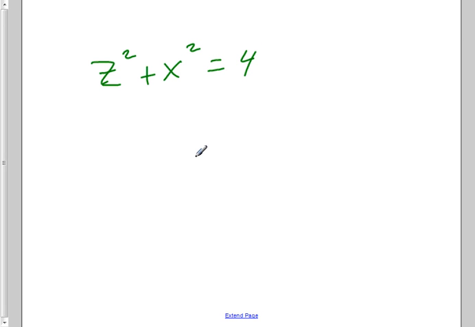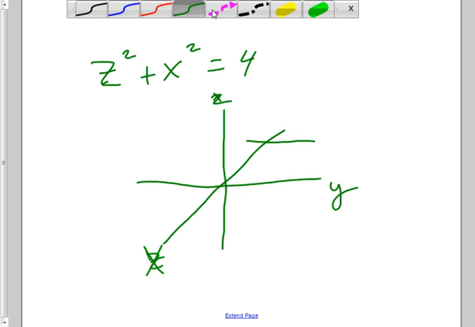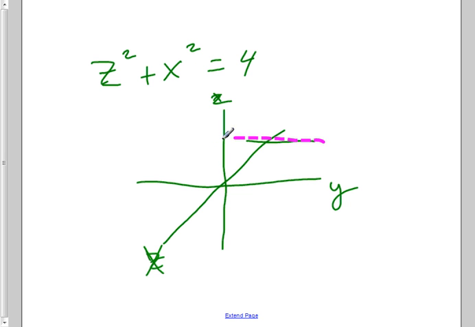So what that would look like, here's x, z, y. This is going to be a cylinder around the y-axis.